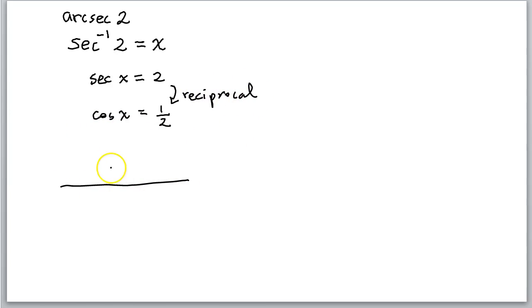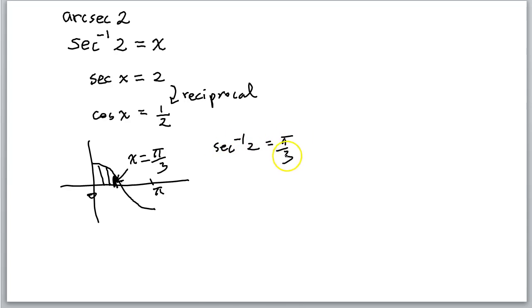And then, if you look at the graph of the cosine from 0 to pi, you only have large, medium, small. This is a small value. So this happens at x equal to pi over 3. And therefore, you can say that secant inverse of 2 is pi over 3.